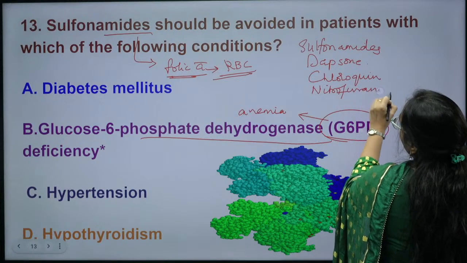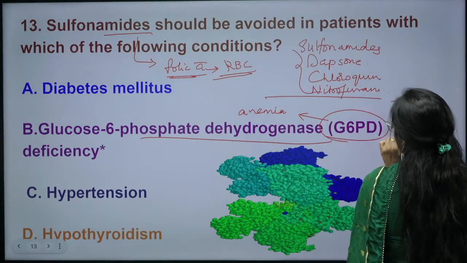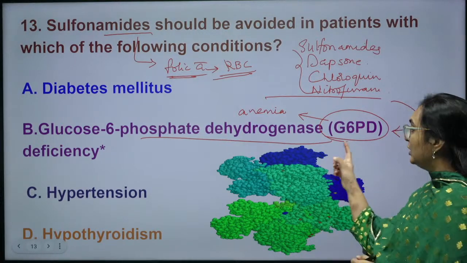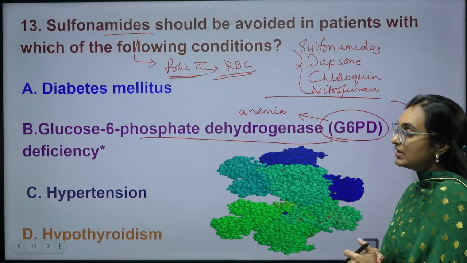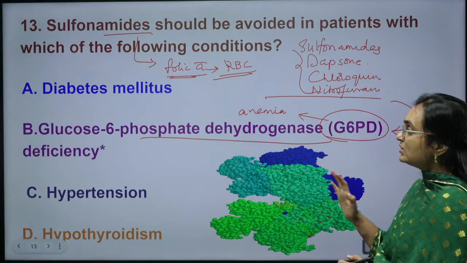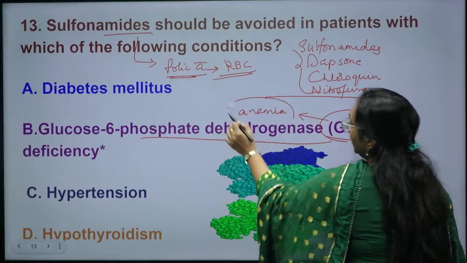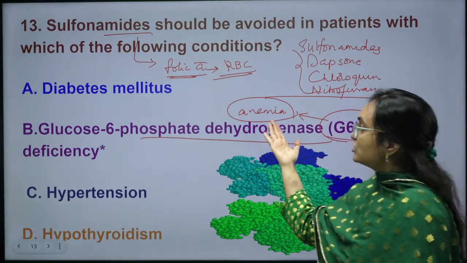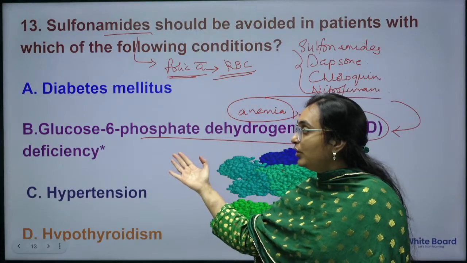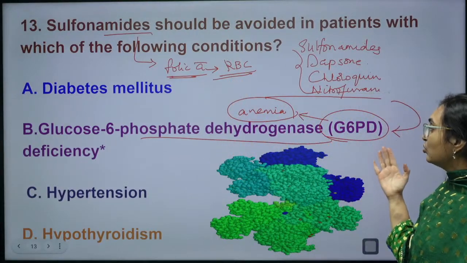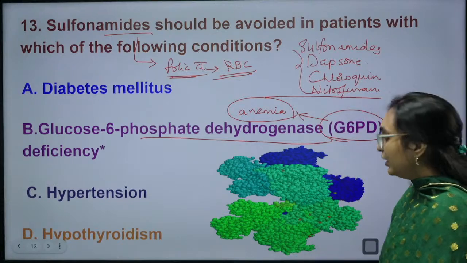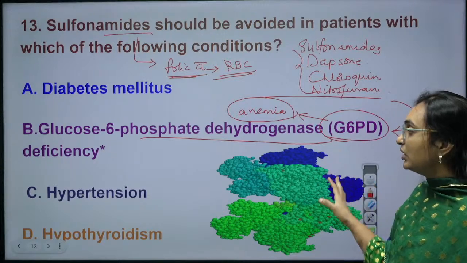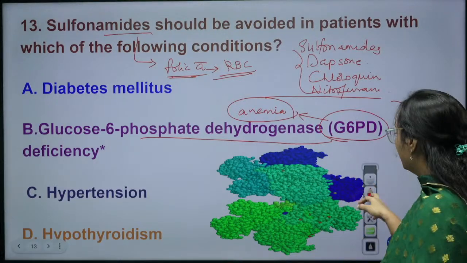These kinds of drugs should not be given, they are contraindicated in patients having glucose 6-phosphate dehydrogenase enzyme deficiency. Why? Because the anemia condition will be increased. That's why these drugs should be avoided in patients having this deficiency. So the correct answer is B. This concept is very important from the exam point of view.